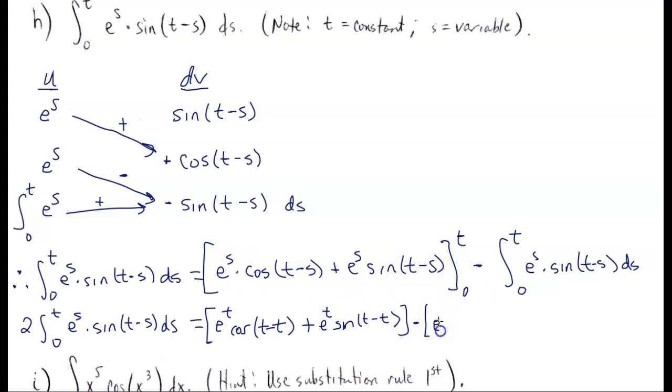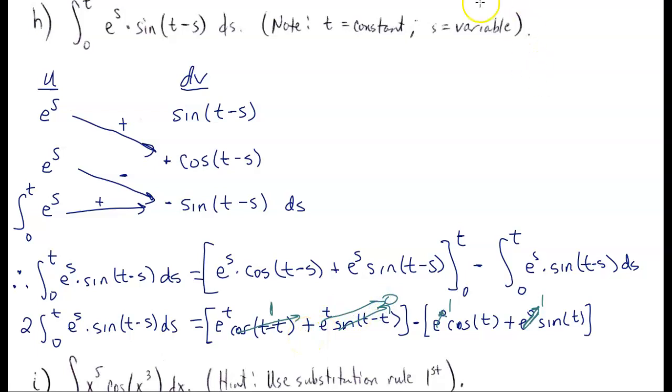So I'll have e raised to the 0 cosine of t minus 0, which is just cosine of t, plus e raised to the 0, and it'll be sine of t minus 0, which is just sine of t. And again, we know that e raised to the 0 here is just 1. And here we know that t minus t is 0, and cosine of 0 is 1. Sine of 0 is 0, which makes all that 0.